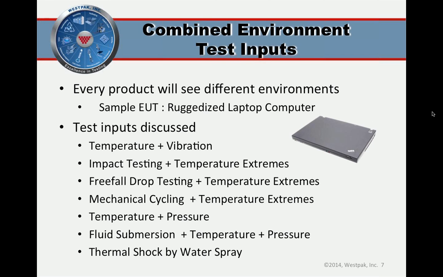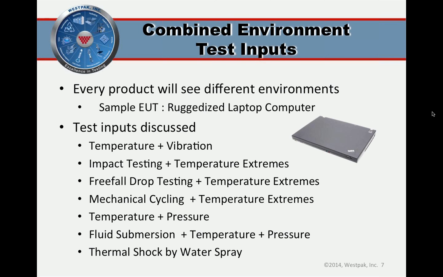The primary difference between AGREE testing and shake and bake is that AGREE, at least as it currently exists, utilizes both temperature and humidity inputs along with vibration, whereas shake and bake is temperature and vibration only. There are many other examples of combined environments testing that make sense for a given product, a given environment, where specific materials are combined.